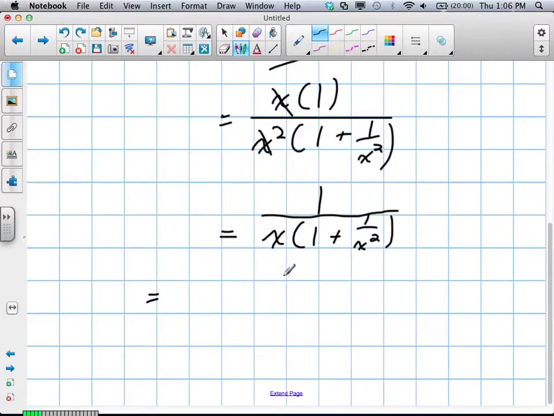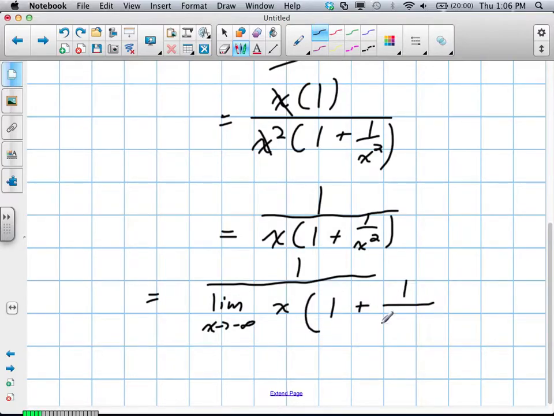So the question would now read 1 over the limit of x as it tends to negative infinity for x. Sorry, I should write the limit part first: the limit of x as it tends to negative infinity for 1 over x.